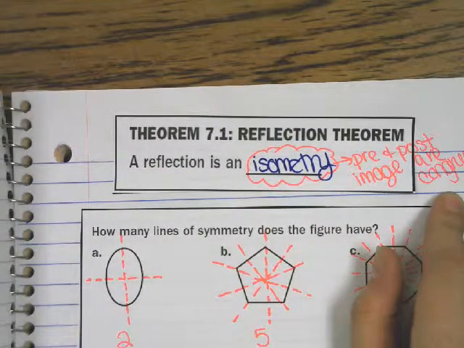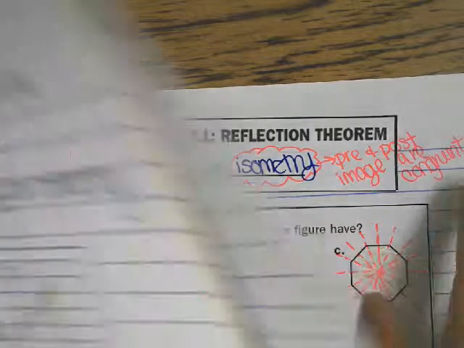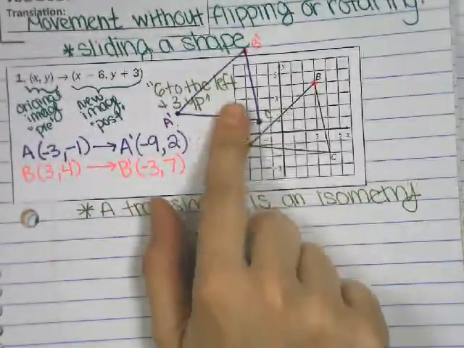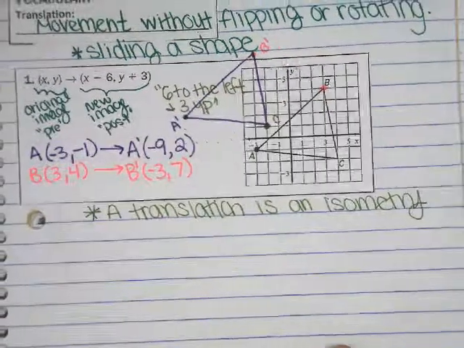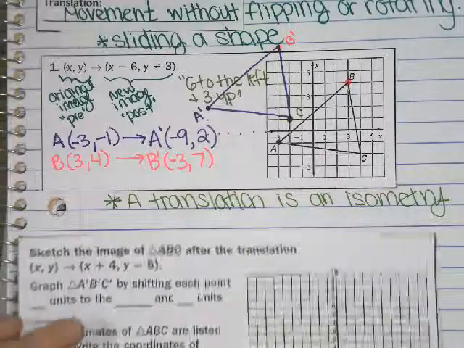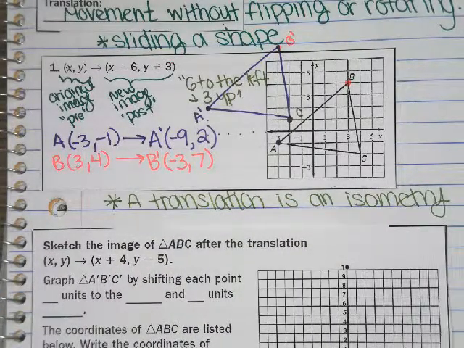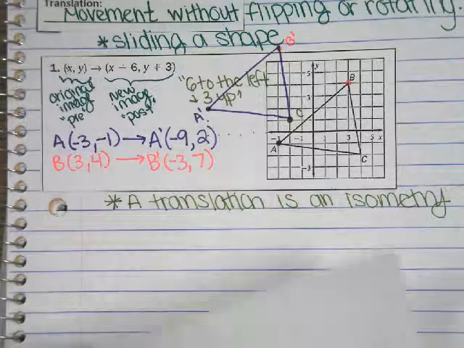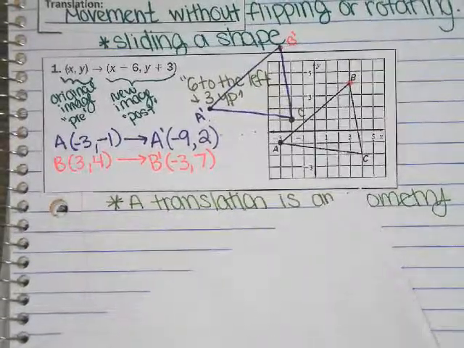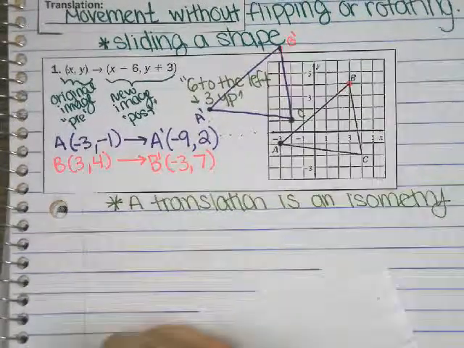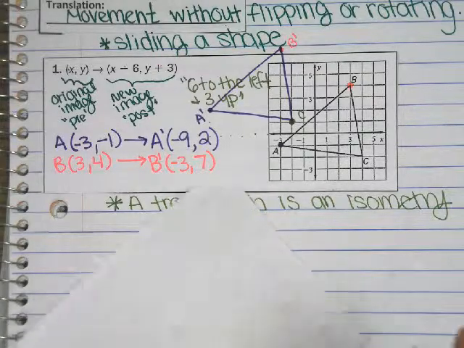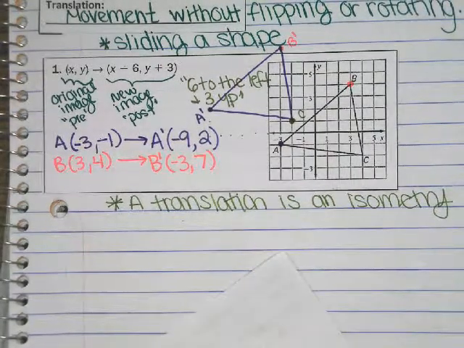The pre and post image are congruent. So the pre and post image are the same size and shape. Okay, this pre-image and post-image, same size, same shape. Alright, glue this down next. And most of the transformations we'll work with in this unit will be isometries, but there'll be one that isn't, and we'll get to that in the coming weeks here.